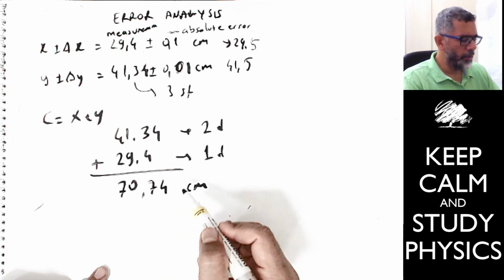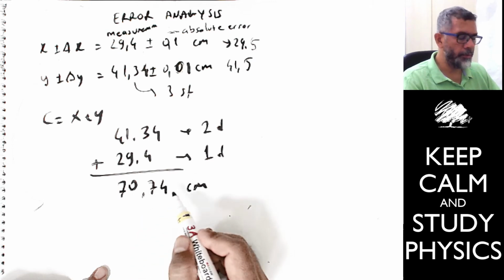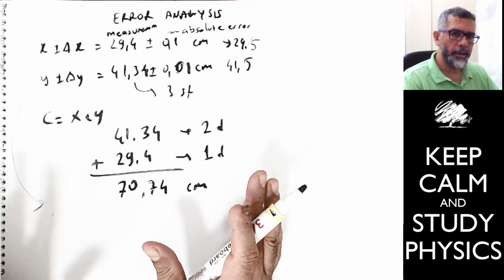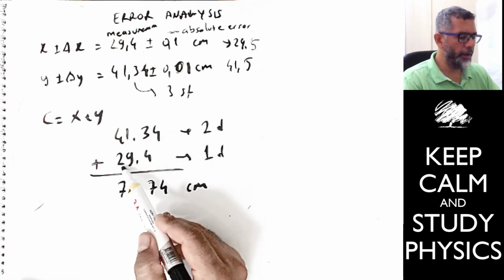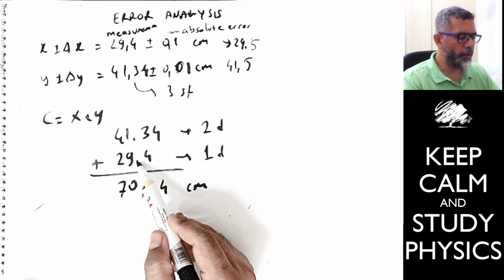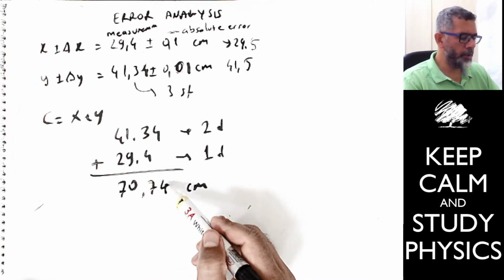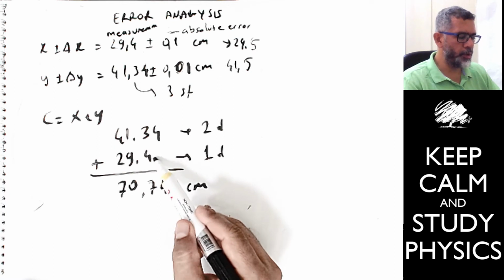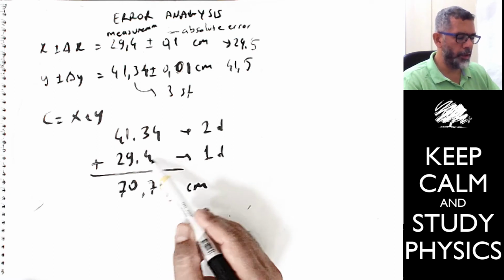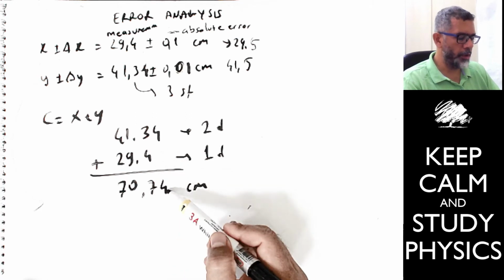Putting the result as 70.74 is not proper. In your measurements, you can only be sure about 1 digit after the decimal point. Since you're not sure about the second digit after the decimal point for this measurement, there is no way you can be sure about it, right?